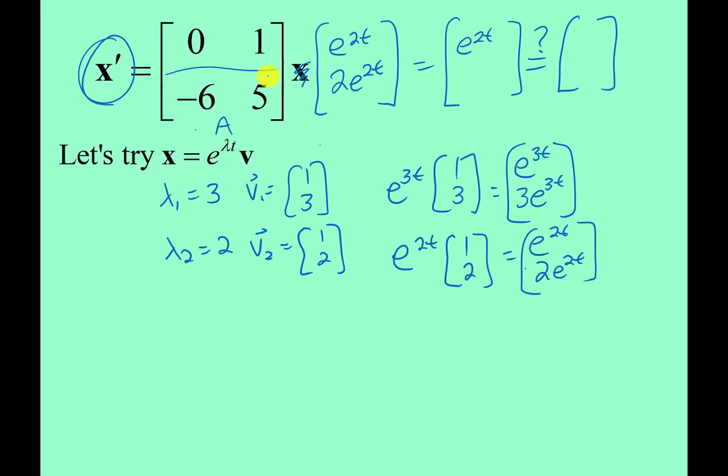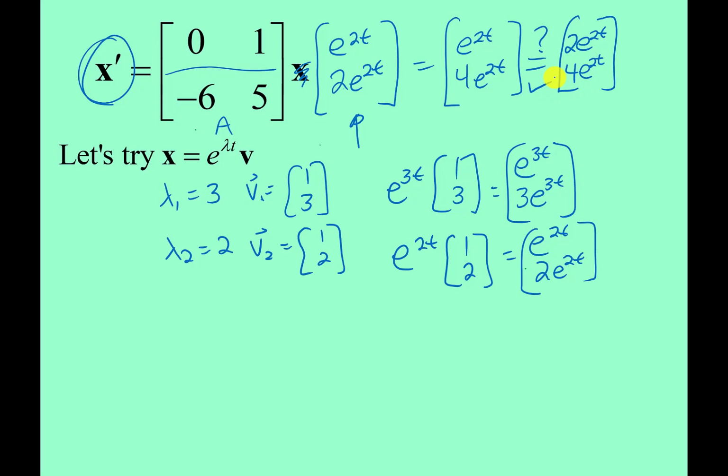And then across the second row, -6e to the 2t plus 10e to the 2t is 4e to the 2t. Let's take this now and take a derivative and see if it's equal. E to the 2t's derivative is e to the 2t, and the chain rule generates a 2 out in front. The second one, 2e to the 2t, has derivative e to the 2t with another 2 from the chain rule, which makes that a 4.